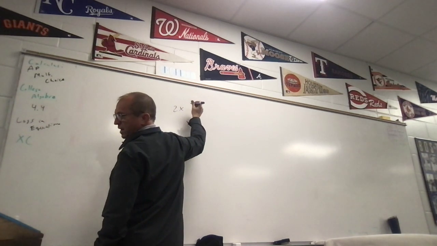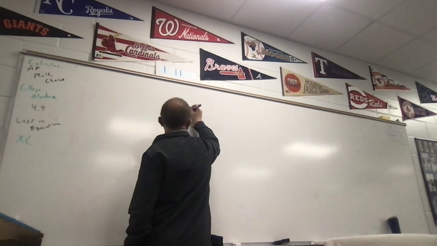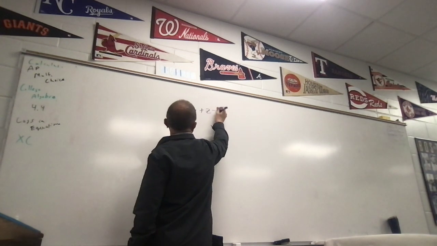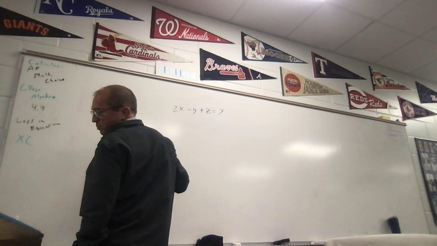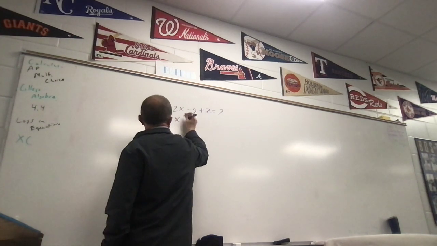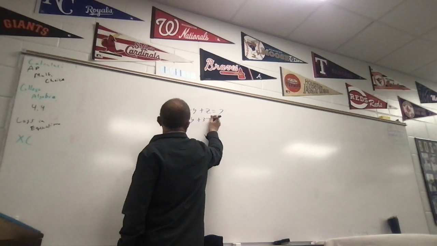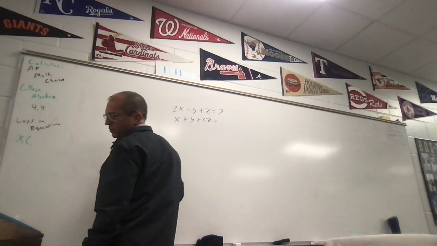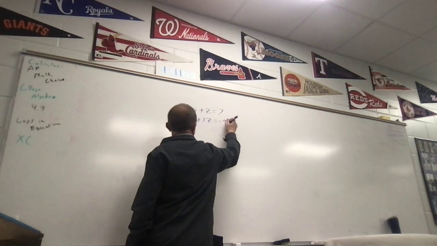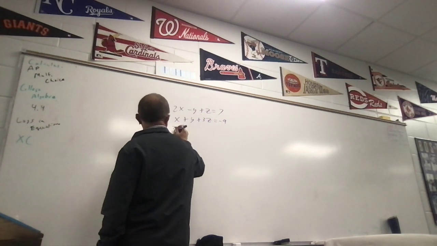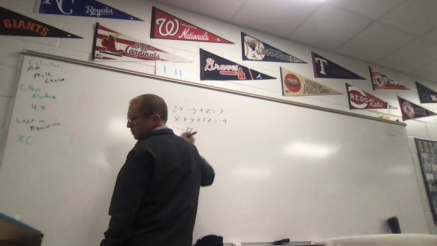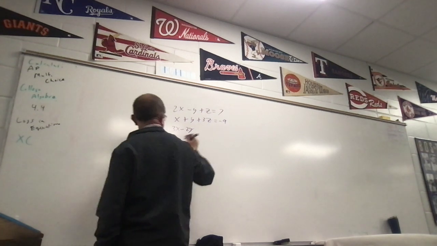2x minus y plus z equals 7. x plus y plus 3z equals negative 9. And then 3x minus 2y minus z equals 15.